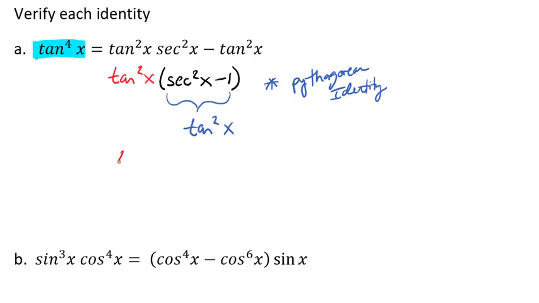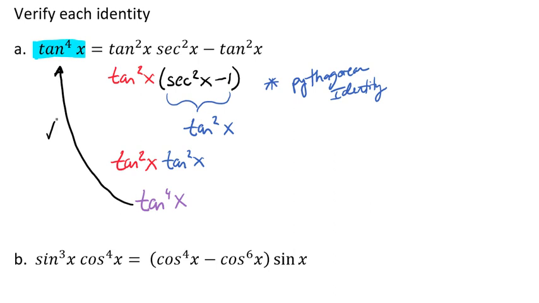And so now we have the tangent squared of x times the tangent squared of x, which is really just the tangent to the fourth power of x. And if we take a look at that, we see that in fact it matches, and so we're finished.